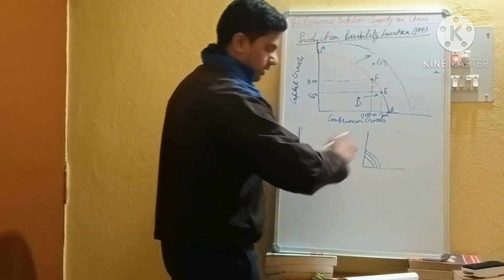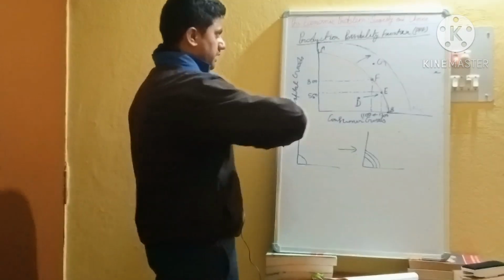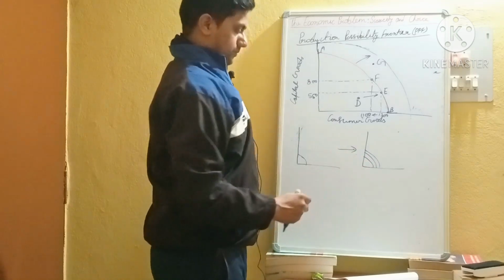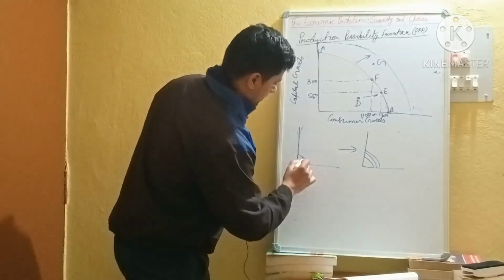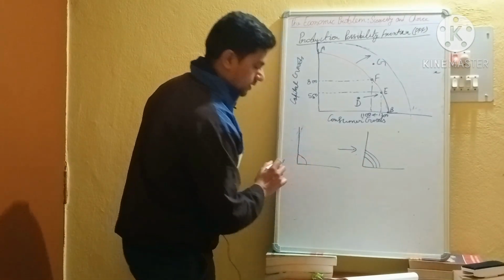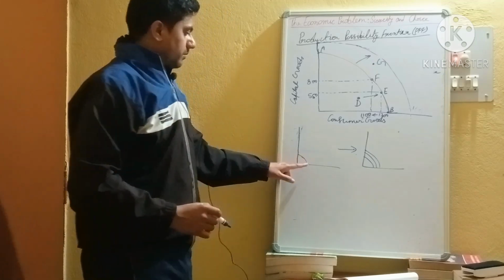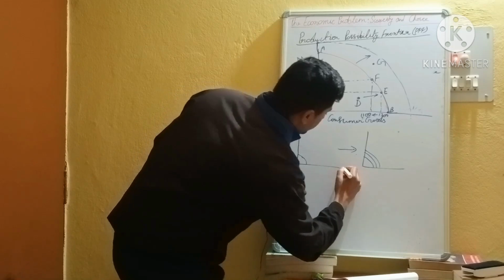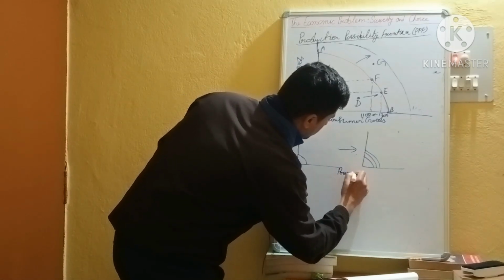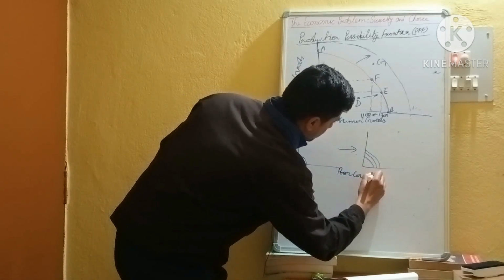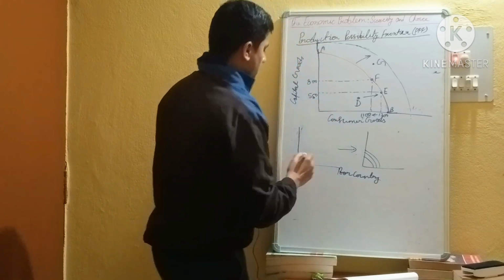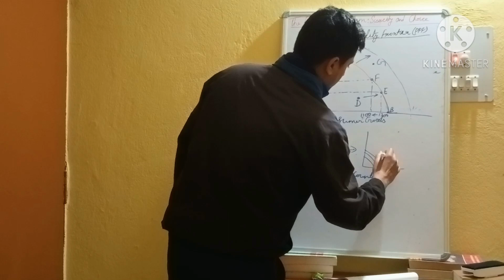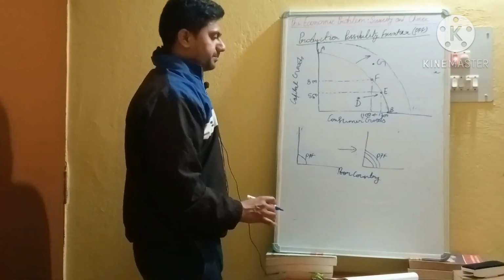It means the outward movement of the production possibility frontier is much less, and the starting point, from wherever it has started, is also less. So it is about the poor country. Okay, so this is the PPF, the production possibility frontier.